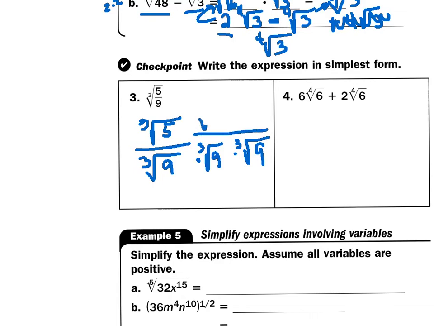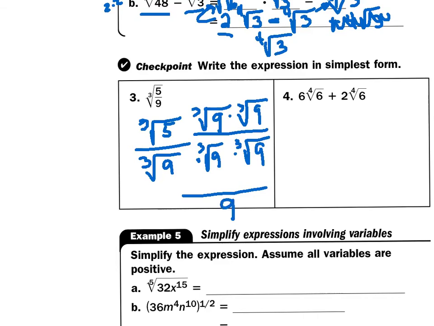And then I need to do top and bottom again up here. So that would leave me with, on the bottom, I just have my 9 left over.